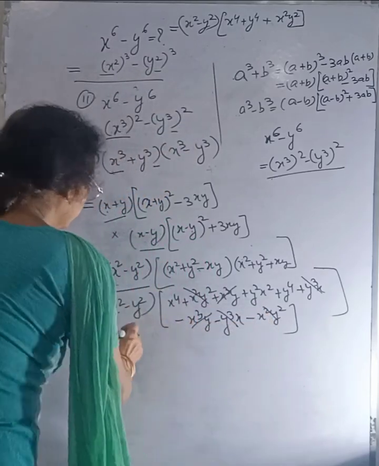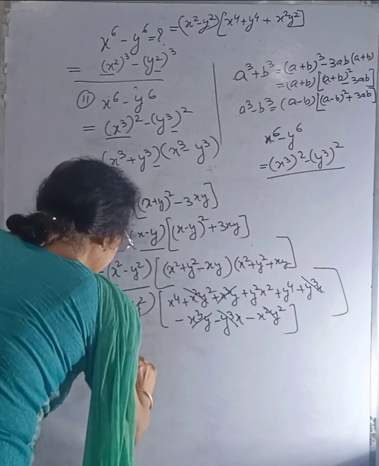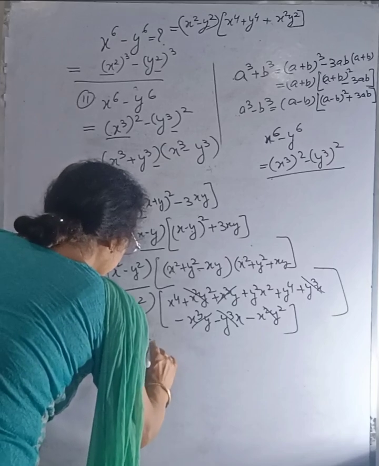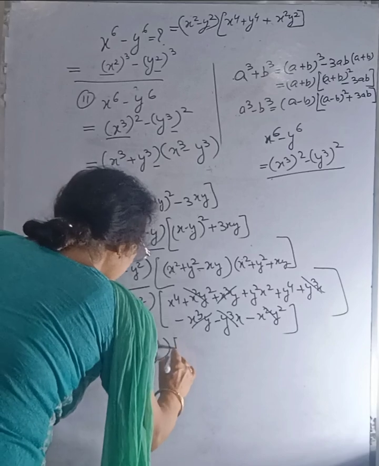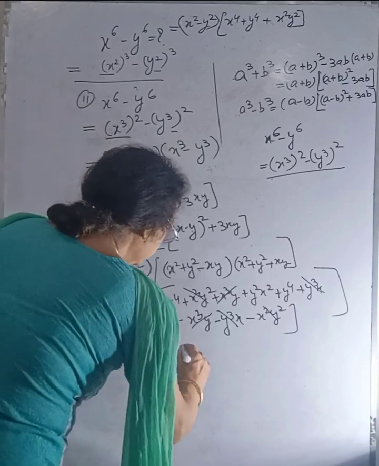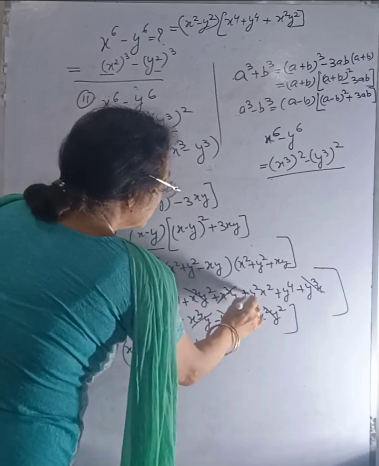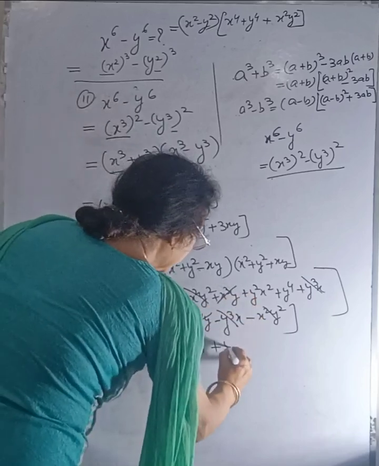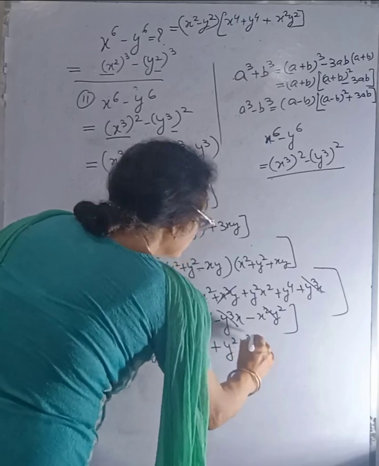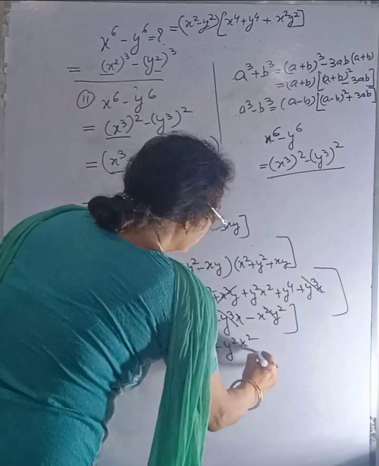Now what we are having inside the bracket with x square minus y square is x to the power 4 plus y square x square plus y to the power 4.